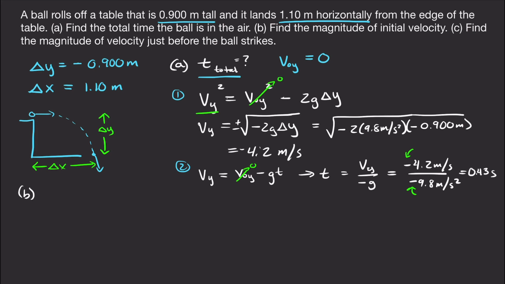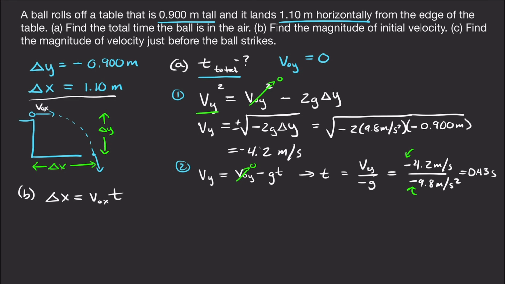Okay, so for part B, find the magnitude of initial velocity. So first off, our initial velocity, we said, is all in the x direction. Okay, we only have one equation that gets us anything in the x direction, and that's delta x equals v naught x times time. We know delta x, it was given to us from the start, and we just found the time that it was in the air.